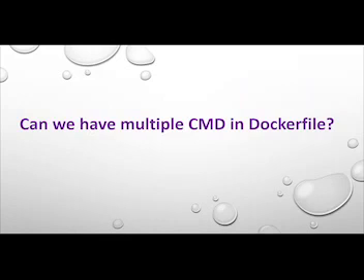Ideally, both RUN and CMD will do the same thing. The only difference is we can have multiple RUNs and we cannot have multiple CMDs. If you go with multiple CMDs, it doesn't throw any error, but you will not get the output that you feel you should get. Okay, that's fine. That's one reason why, if we use multiple CMDs, that's what you finally get.